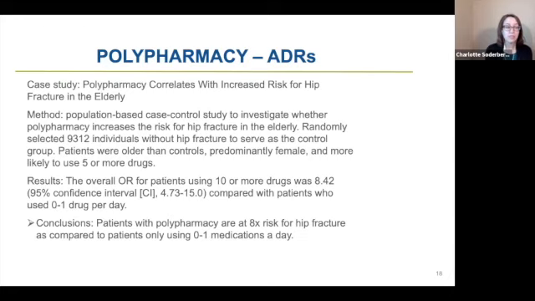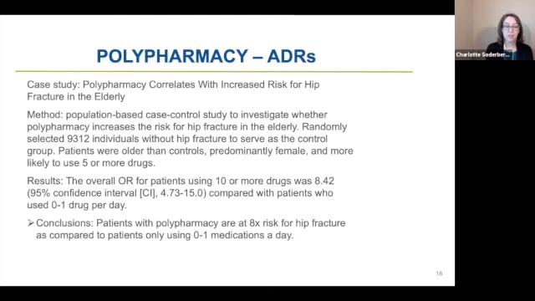They found that patients in the group with recent hip fracture were found to be older than the control group. They were predominantly female, and they were more likely to be on 5 or more daily drugs. The study found that the overall odds ratio for patients using 10 or more drugs was 8.42 compared to patients who used either no drugs or only 1 drug per day.